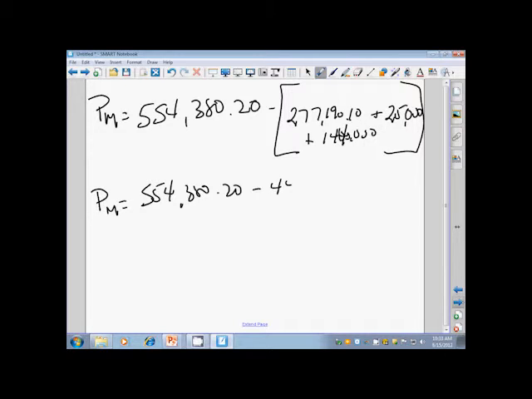I got 446,190.10. And if I do the math correctly, my revenue minus my total cost then will be 108,190.10.